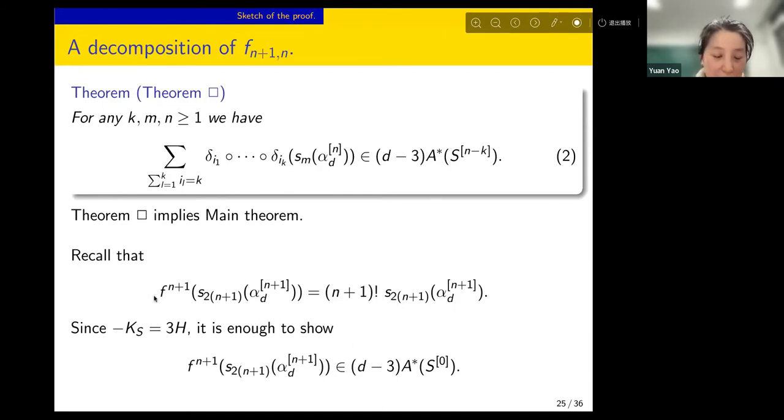So we pull back and push forward. We repeat this process n plus 1 times, and finally we get exactly some number, and this number is equal to 0. This implies the second integral should be 0. And this theorem implies that this number should be 0 for d equal to 3, exactly when alpha is the structure sheaf of curves of anti-canonical class.